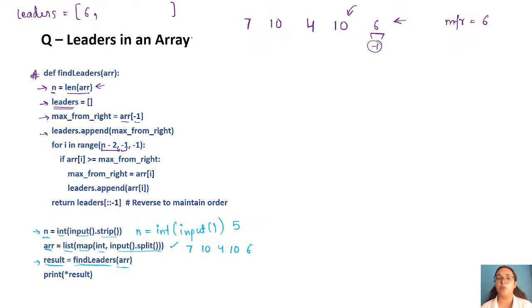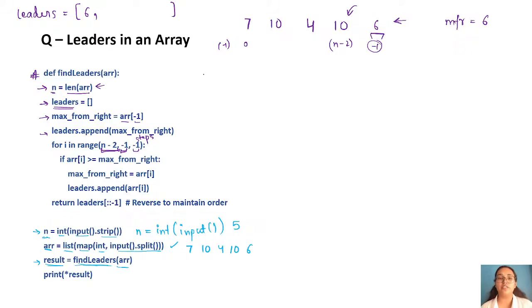The -1 is the end point, and if you remember, when you use the range function, the end point should always be one extra. So if you want to go from the second last element, n minus 2, to 0, you have to write -1; then only it will run till 0. The last -1 represents the number of steps. Because we are doing a back traversal, we have to do -1, so we will be going one step back. I guess range is clear.